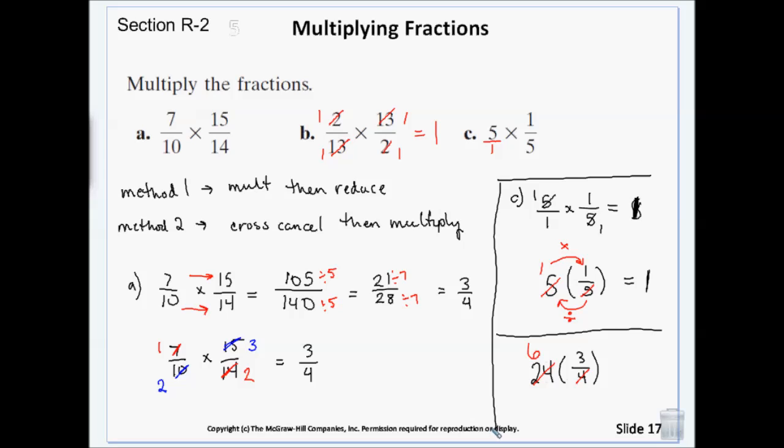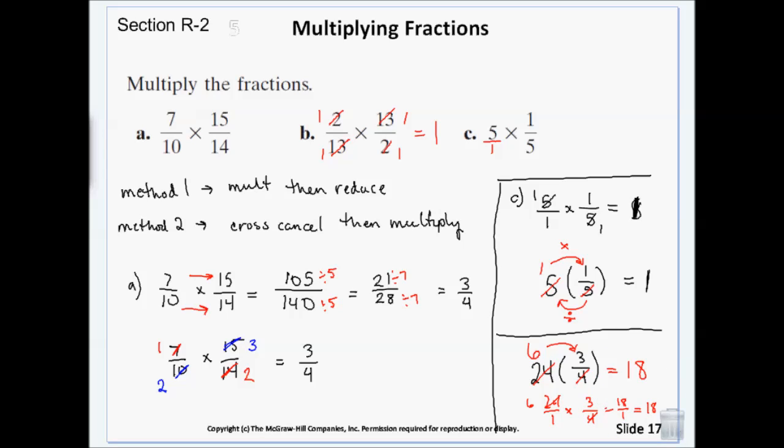We all agree? 6 times 3 is 18. Now, I would have gotten the same thing if I had put 24 over 1 and multiplied by 3/4. Because I would have canceled these maybe and gotten a 6, and then I would have gotten 18 over 1, which is 18. It just spares you having to write as much stuff. But either method works, you get to the same place.